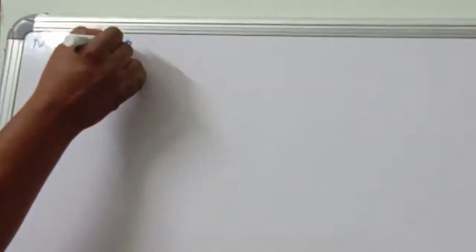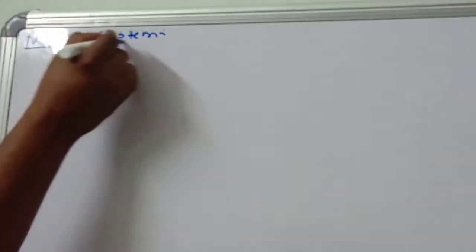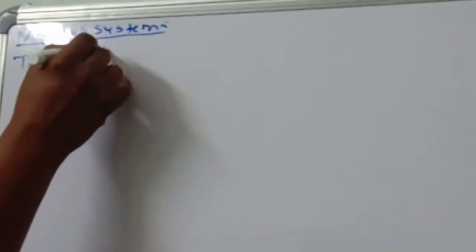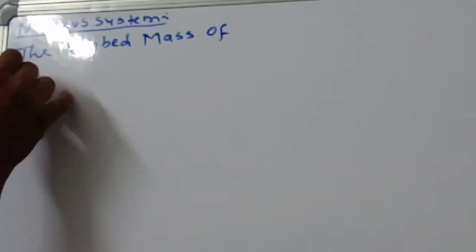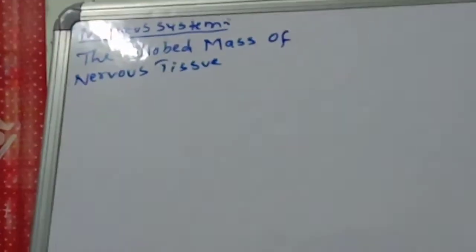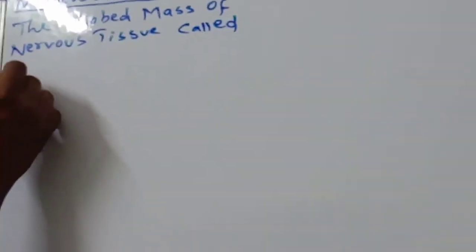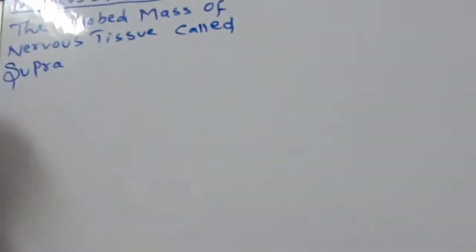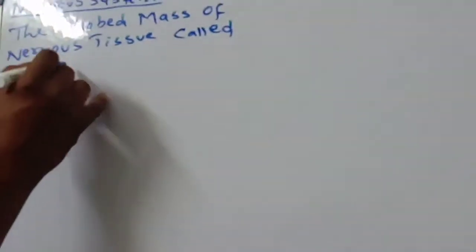Next, the nervous system. What is the nervous system? The bilobed mass of nervous tissue, two lobes, is called the supra-pharyngeal ganglia.